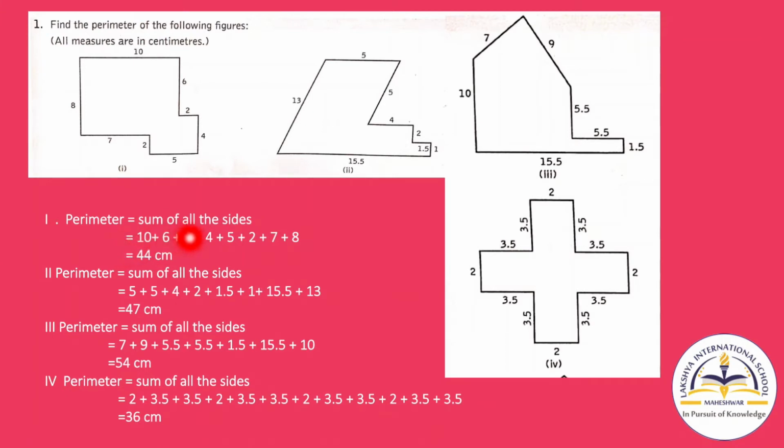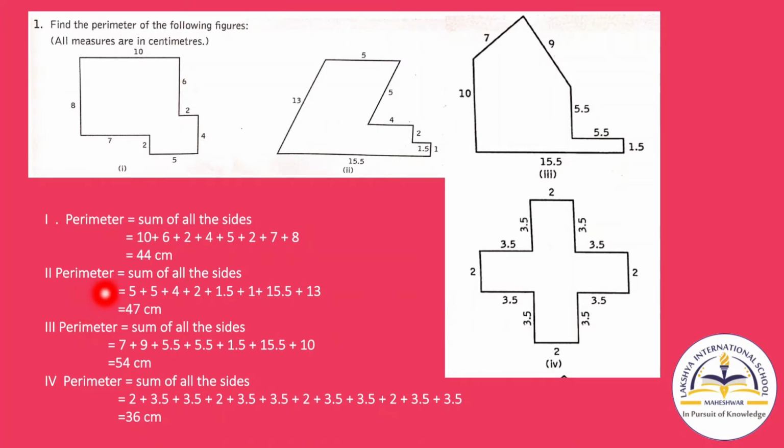So perimeter equals the sum of all the sides, that is 10 plus 6 plus 2 plus 4 plus 5 plus 2 plus 7 plus 8. Now you have to add all the values, and the answer will be 44, that will be in centimeter, because the measurements in this question are given in centimeter.